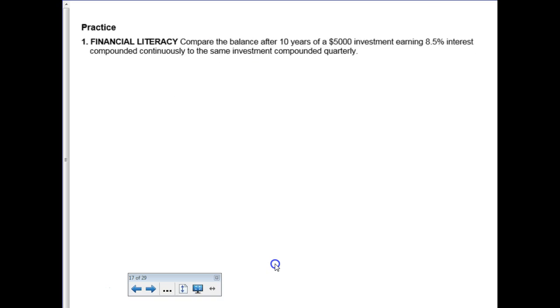All right, so now same money, or no, not same money, different money. Oh man, I didn't do this right first hour. I wasn't listening to myself. It says we're supposed to compare. So we're going to do this problem twice. The first time we're going to compound continuously, and then the second time we do the problem, we're going to compound quarterly. So continuously is PERT.